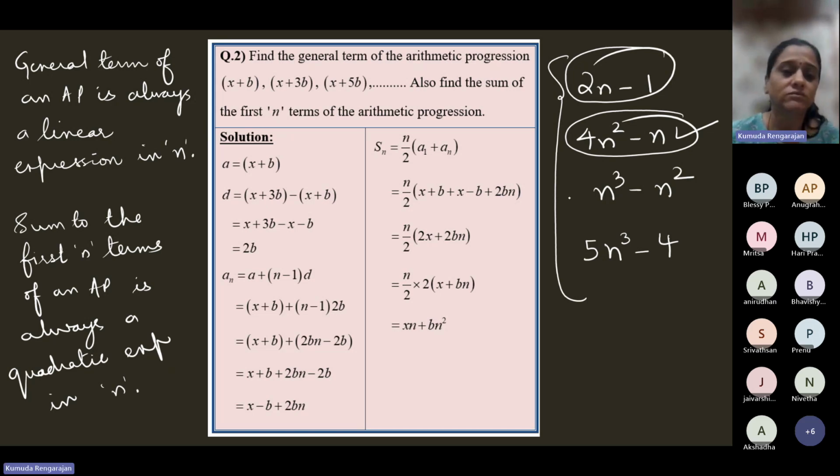Am I clear, children? Yes, ma'am. Yeah, please make a note of this. It's not a part of this answer. Just make a note of this.